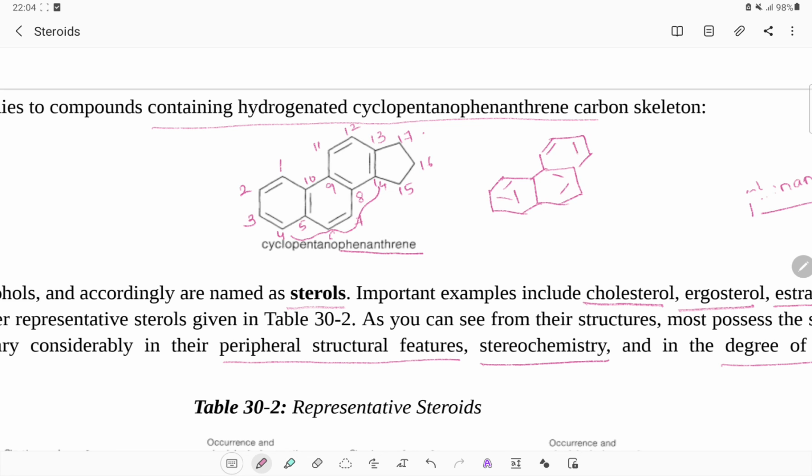To this phenanthrene structure there has been an attachment of a cyclopentane ring. So it is named with cyclopentane first and then the phenanthrene system. This nomenclature, cyclopentanophenanthrene, gives me the basic skeletal structure for all the steroidal systems. Thank you.